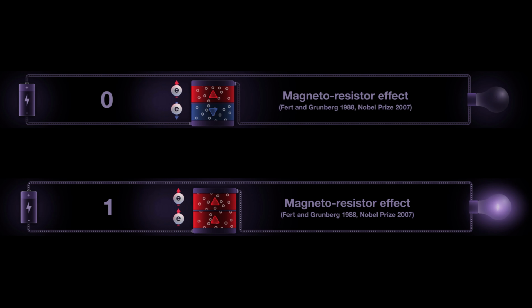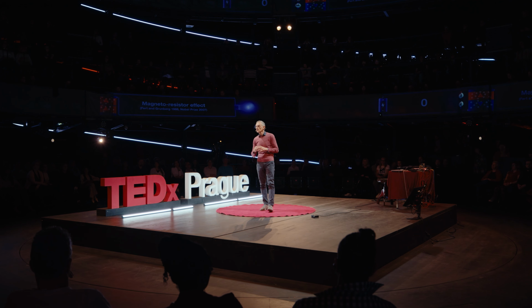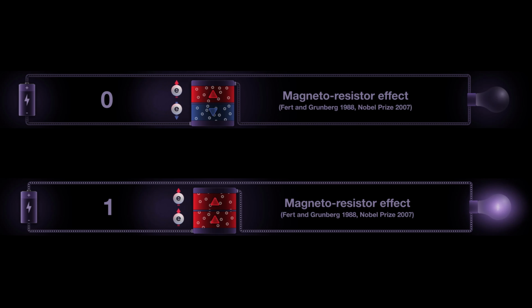Spintronic bits are magnetic. So what it means is that now magnets are having their little payback against semiconductors. Magnets are coming back to the central stage. But they are coming back in a completely new reincarnation. What we see here is the spintronic bit.